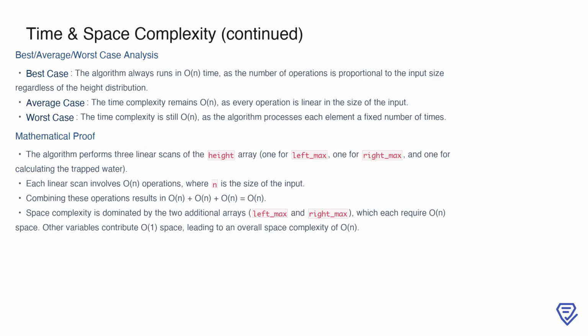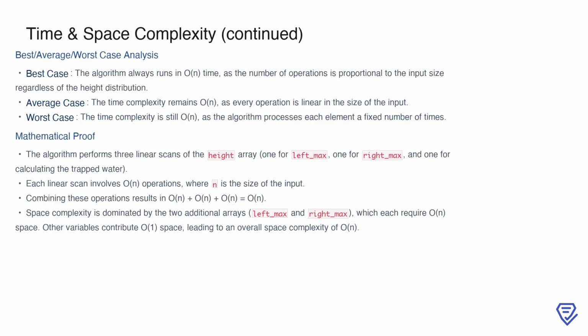Analyzing the algorithm further, we see that its time complexity remains O(n) in all cases. In the best-case scenario, the algorithm still performs 3 linear scans of the height array, meaning the number of operations is always proportional to the input size, regardless of the height distribution. Similarly, in the average case, the operations remain linear, as each step is executed in O(n) time.